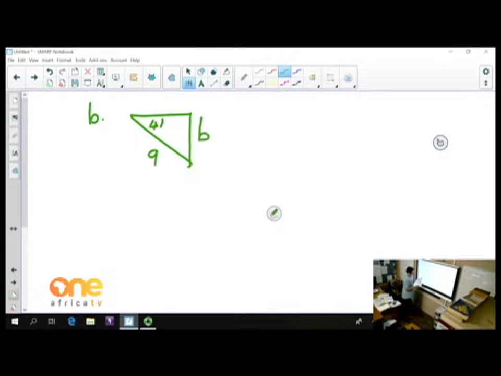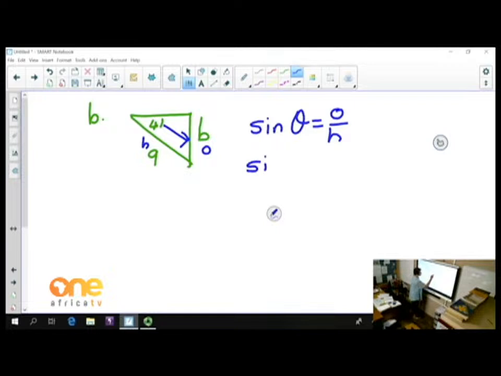Right, the second one, number B, looks like this. 41 degrees and 9 with b. Right, which function? Which function will we use now? How will I know? Let your eyes go to the angle and then determine this is the opposite and this one is the hypotenuse. Can you see? So which function? Sine theta is opposite over hypotenuse. Write it down. Now you're going to substitute. So sine 41 is equal to b over 9. Which method? Top times.